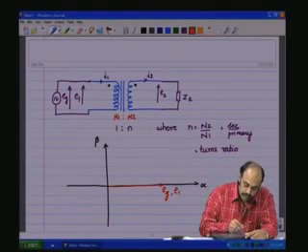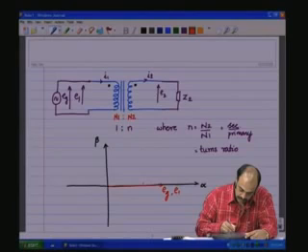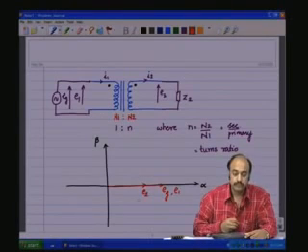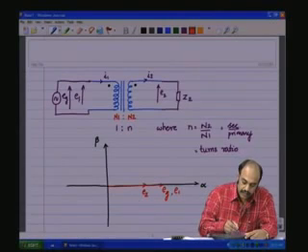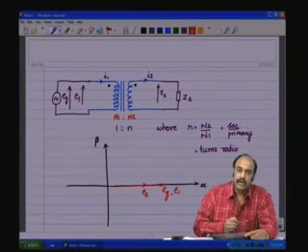Now, the dot point of E1 and the dot point of E2 will also be in phase, and therefore, let us say we have E2, and then I2 is going to lag or lead E2 depending upon the impedance.